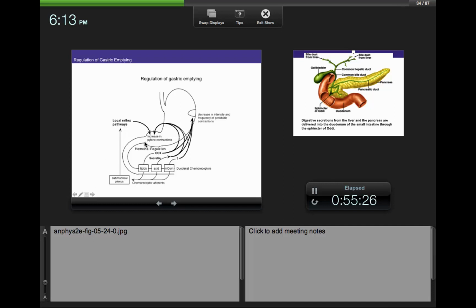Now you get a decrease in gastric emptying. That means the motility slows down, acid secretion slows down. Emptying means the food coming from the stomach into the small intestine. Seems a little counterintuitive, but now it's not delivering that whole wad of food from the stomach into the small intestines.